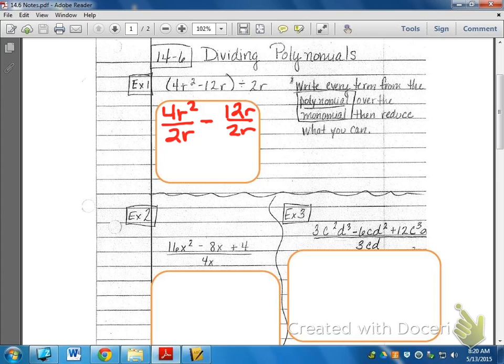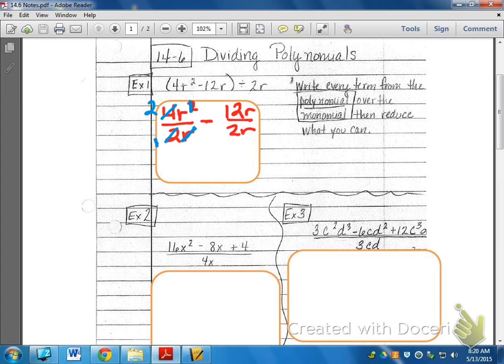So 4r squared over 2r, first of all, the 4 and the 2 can cancel out a 2 and become a 2 and a 1. And then if you look, you have 2 r's on the top and 1 r on the bottom. So I can cancel that 1 on the bottom, and then that would make my r squared become what? R to the 1 instead.